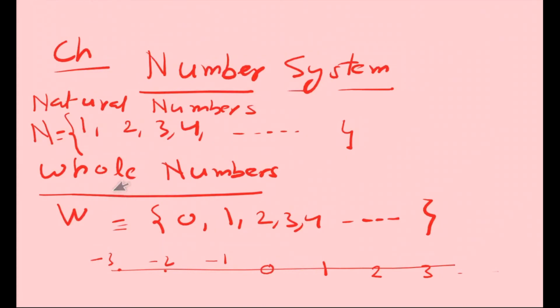So our next number, including both directions positive and negative, is known as integers.